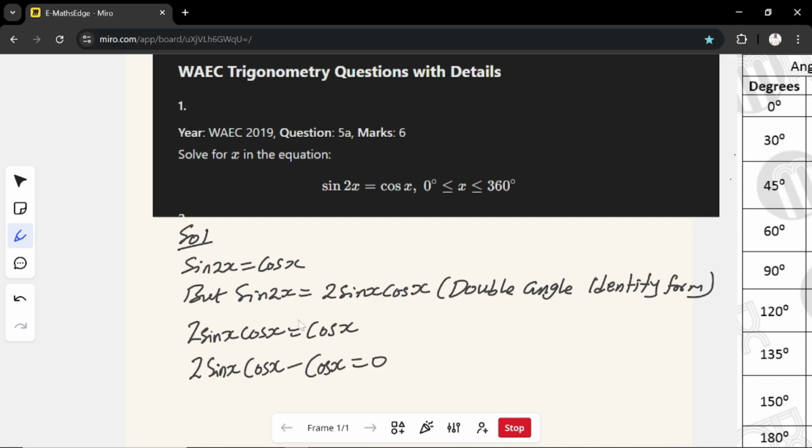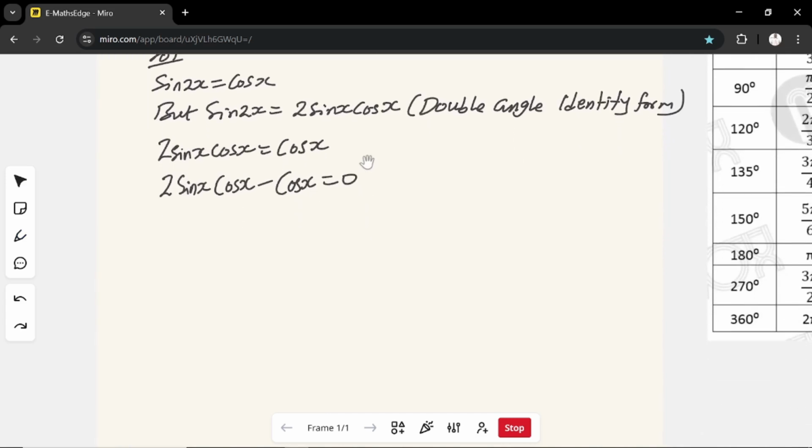Right? There's something we can still do further to simplify this equation, which is if you check the first term, we have cos x, and if you check the second term, we also have cos x. So that means we can factor out cos x, right? To simplify the equation, we can factor out cos x. So let's go ahead and do that.